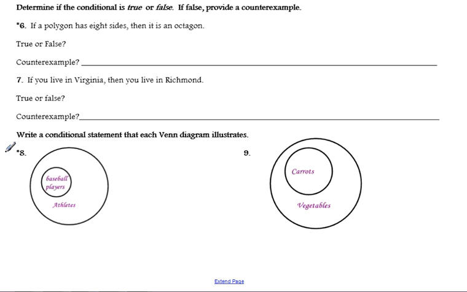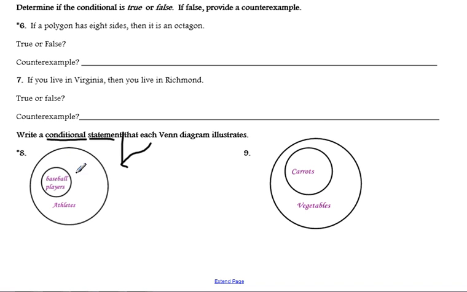Number 8 instructs us to write a conditional statement. So once again, we are writing an if-then statement based on the Venn diagram. Let's just take a minute and look at this as an all, some, or none statement. When you have a large circle completely surrounding a smaller circle, it's actually interpreted as an all statement.